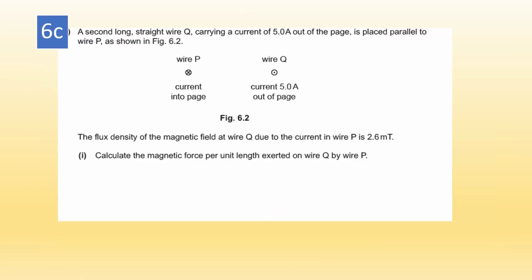A second long straight wire Q carrying a current of 5.0 A out of the page is placed parallel to wire P as shown in figure 6.2. The flux density of the magnetic field at wire Q due to current in wire P is 2.6 millitesla.